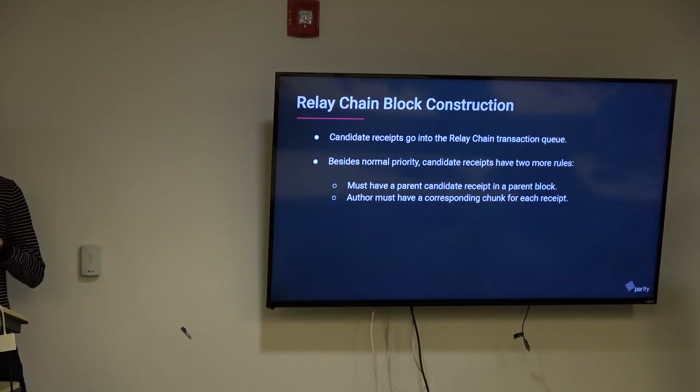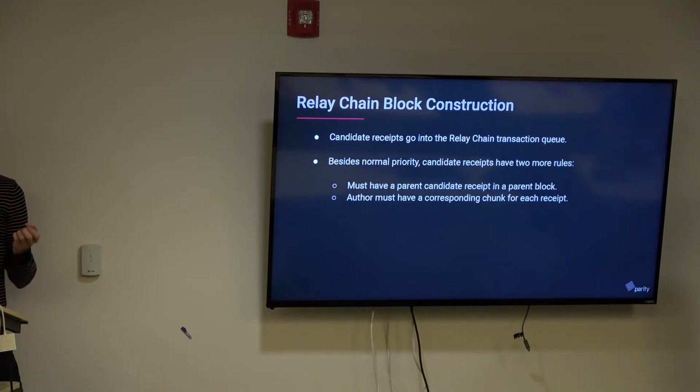It is possible that you could have a candidate receipt but haven't gotten your chunk yet, because the chunks are going out to specific validators, but the candidate receipts are being gossiped. So you're just not going to build a block with that.